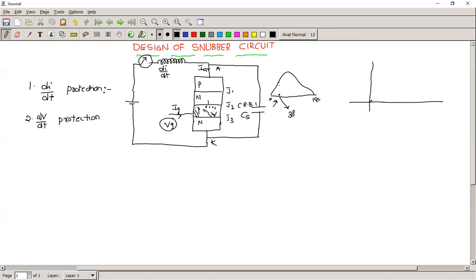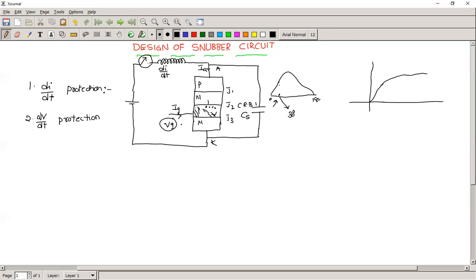So the voltage across the capacitor slowly increases and reaches the steady state value after some time. The same voltage is applied to the SCR. So we can control the rate of change of anode voltage by connecting a capacitor across the SCR.